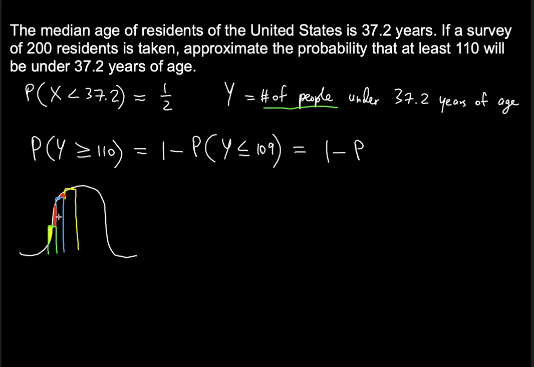So to account for this discrepancy, because it's going to undercount or overcount certain things, you want to use continuity correction, right? And the continuity correction basically tells you that when you have the upper boundary, in this case 109 is the upper boundary, that's the maximum value, you have to add 1/2 to it. So it's going to be 109 plus 1/2.